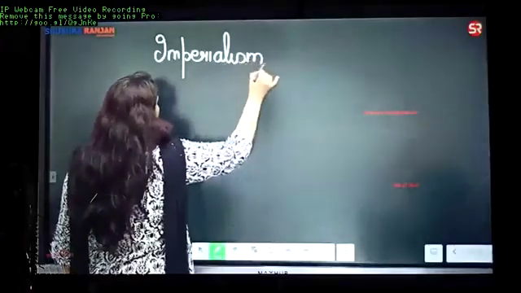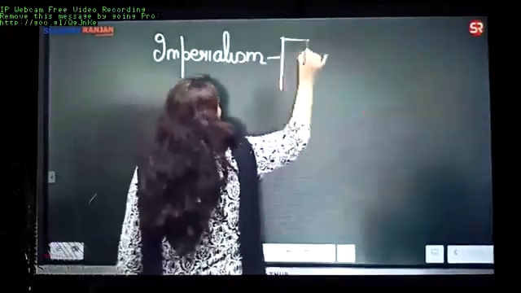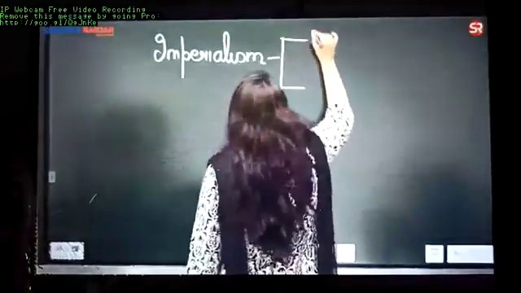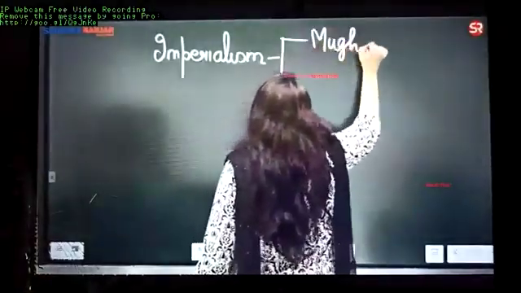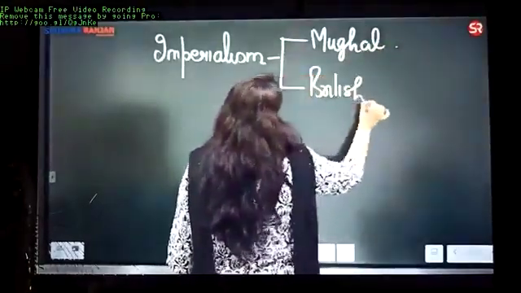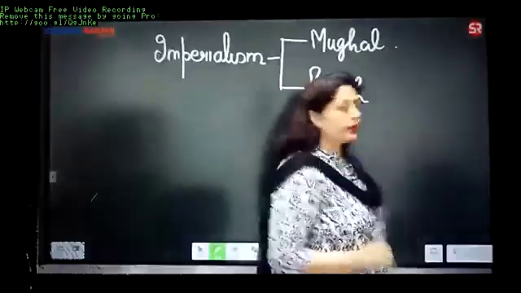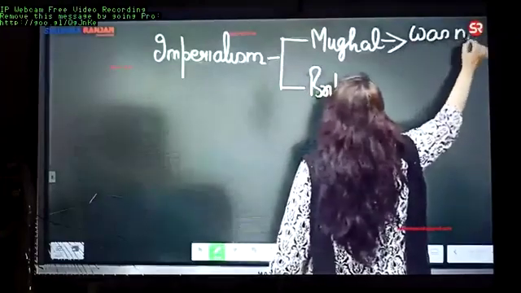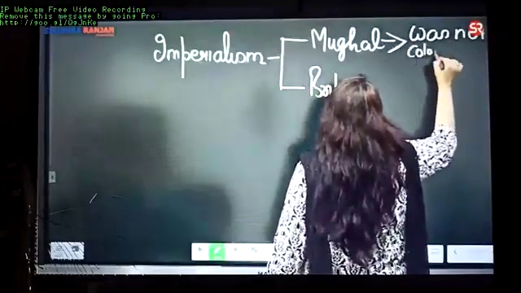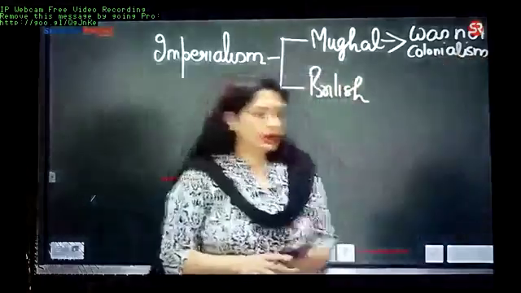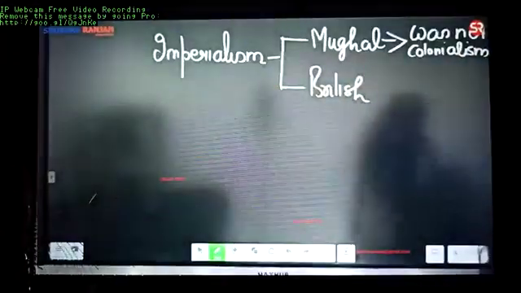In India, we have seen two types of imperialism. First, we have seen Mughal imperialism, and second, we have seen British imperialism. Okay? Mughal imperialism, it was not colonialism. Mughals didn't make India their colony.